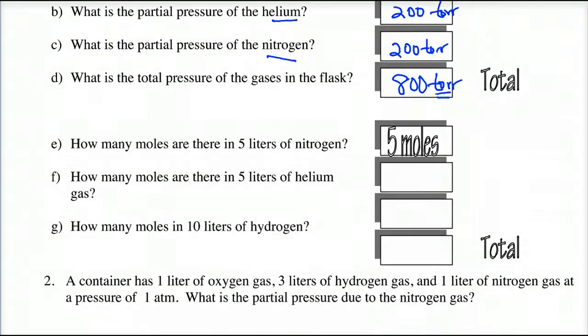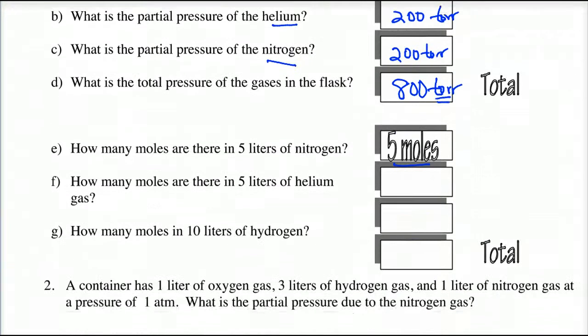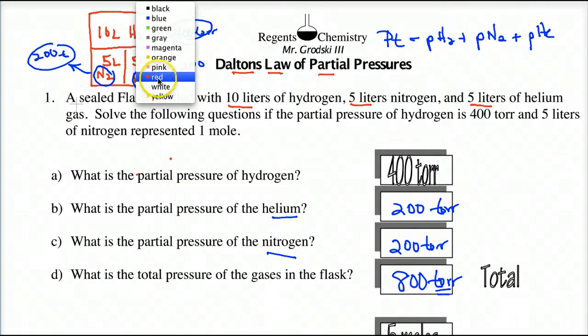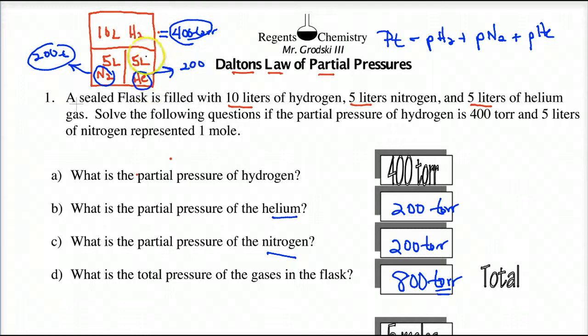Let's move on. Now let's say that there's 5 moles of nitrogen. Changing the problem here. I know that it reads something else, but let's just say we have 5 moles of nitrogen. So in here, there's 5 moles.